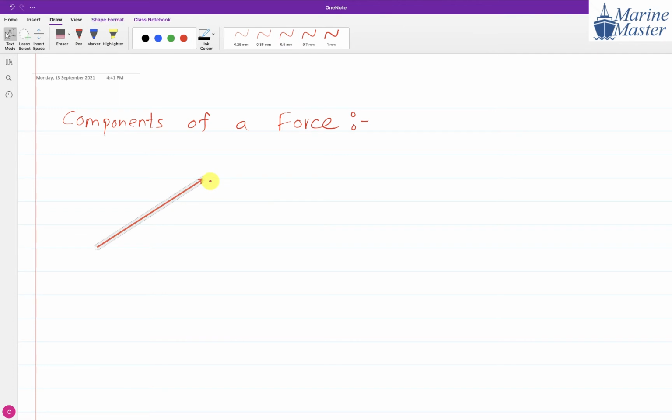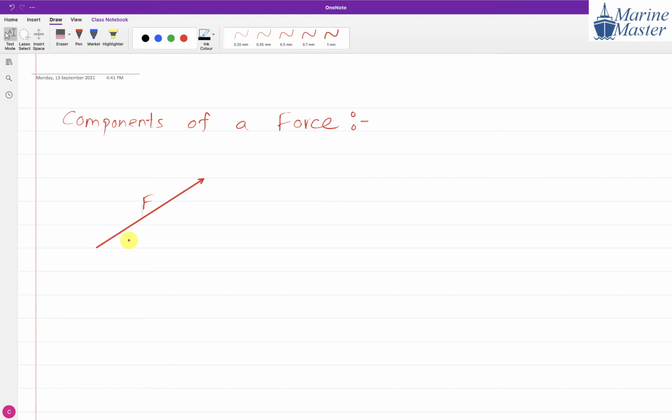Now try to observe how we are going to get the components. Suppose we have a force F. Instead of force F, we are going to replace it by its components.